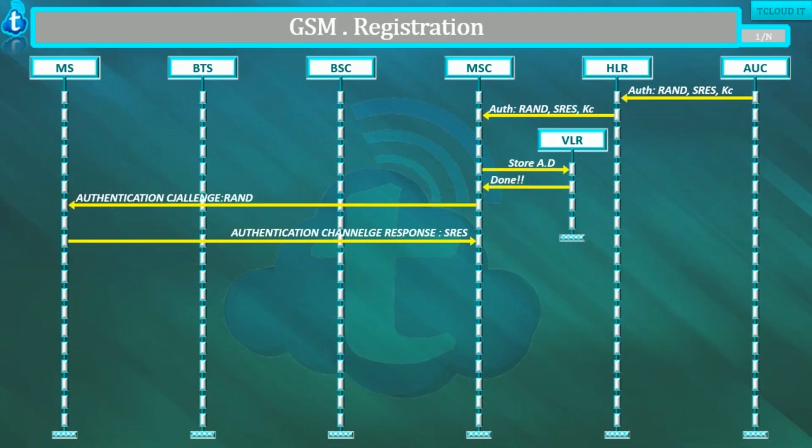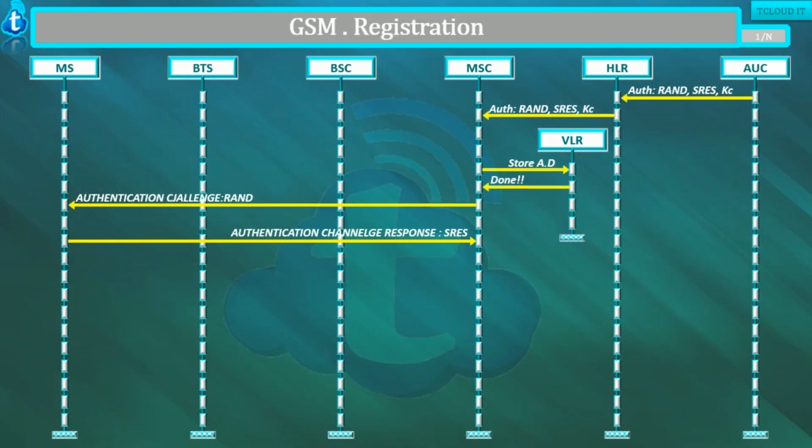You don't want that. So what MSC wants to do here is validate the user every time mobile is going to initiate a service. But every single time MSC is validating the user, MSC is going to get one new random number, one new SRES from the authentication center, and it sends that random number to the mobile and says, hey, take this random number, you are supposed to generate a new SRES.